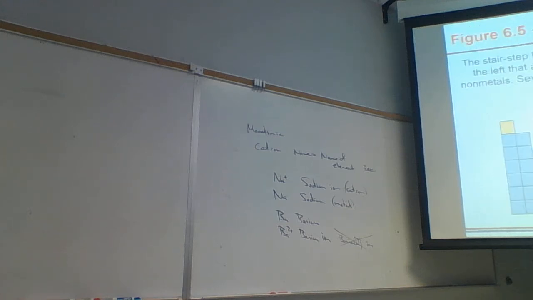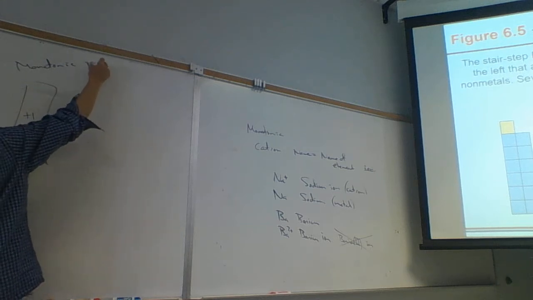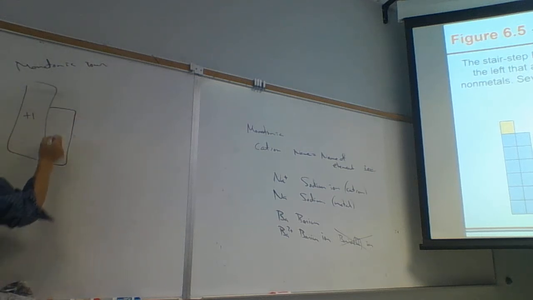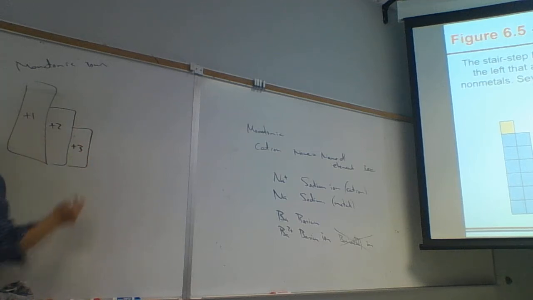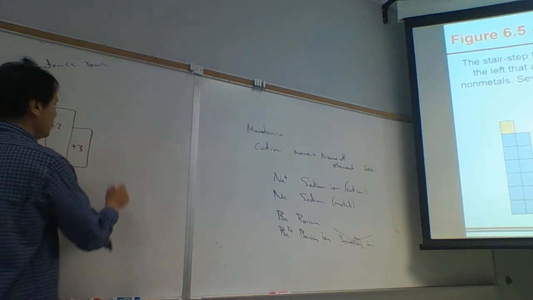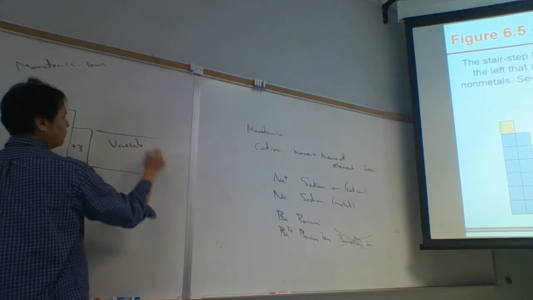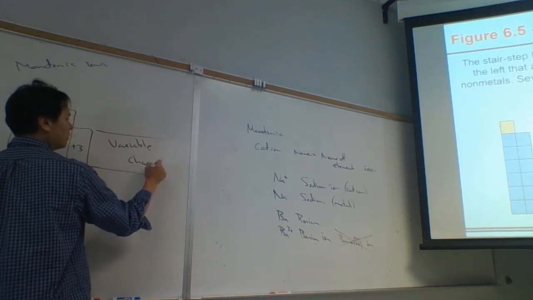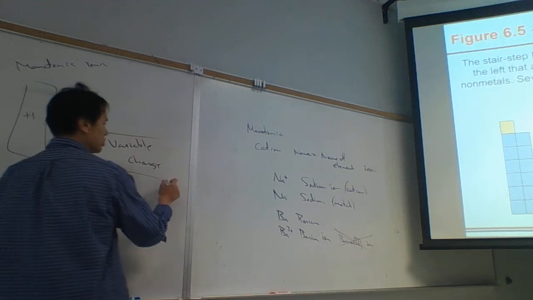The first column here is fixed. These are +1 for monatomic ions. The second one is +2. The third one here, these are +3. And then these are what we call variable charge. Variable charge means there's more than one charge, and it becomes a little bit more tricky.